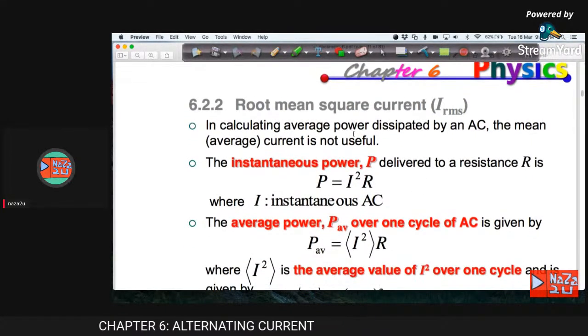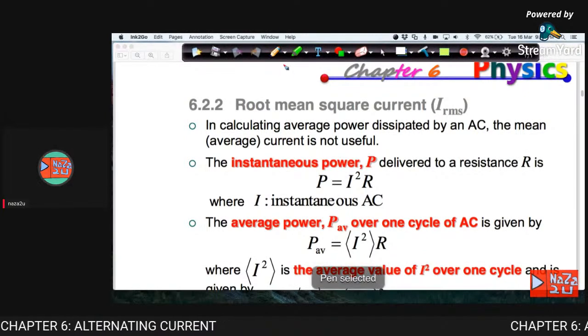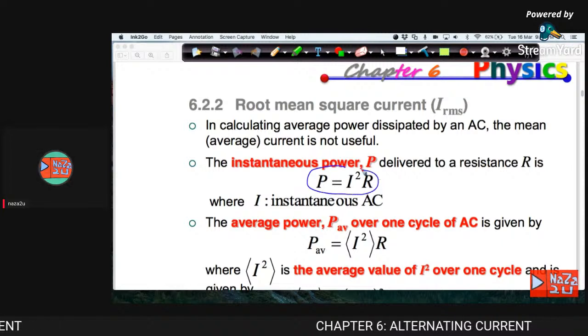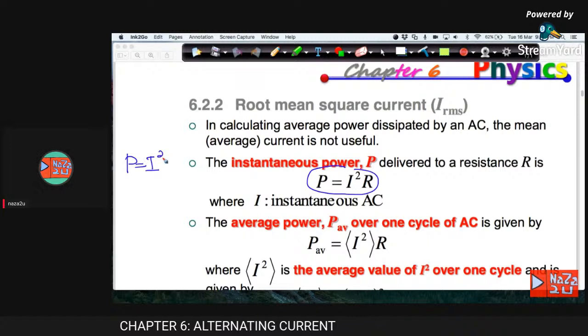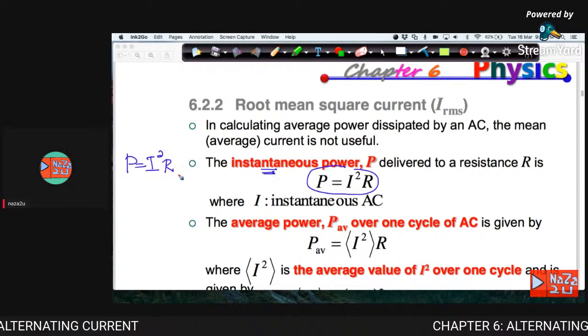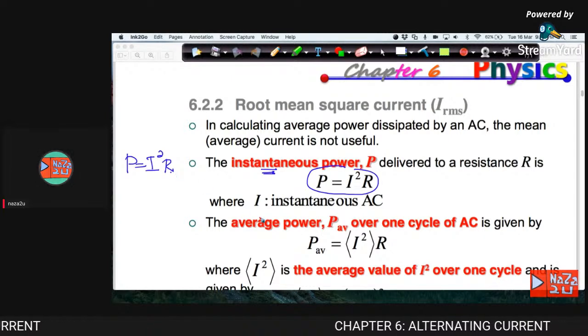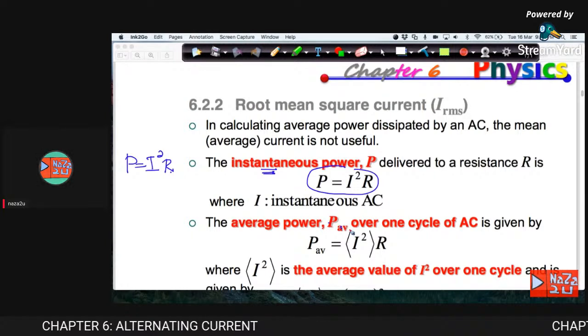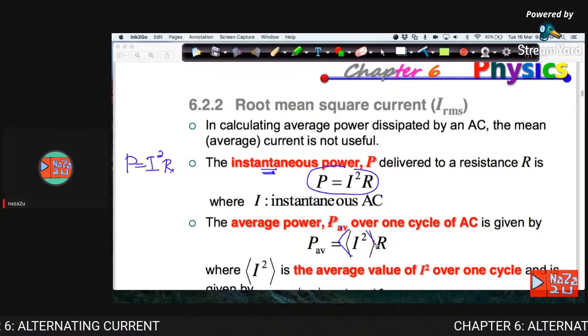Okay, so bagi root mean square, ini berkaitan matematik ya. Dalam chapter 3 kita pernah belajar power is I square R, ataupun instantaneous power. R ni macam biasalah resistor, I itu instantaneous. Tapi dalam kes ini kita merujuk kepada average power, P average.